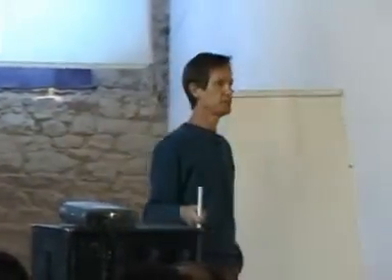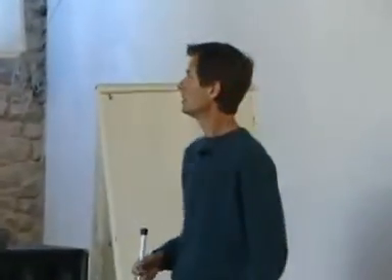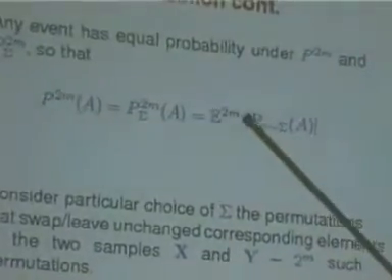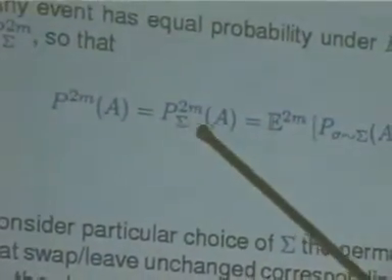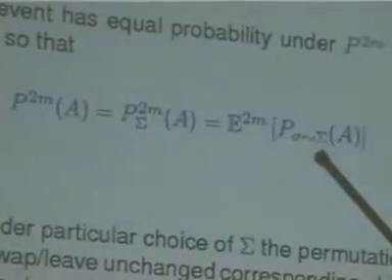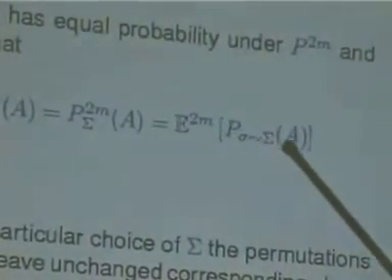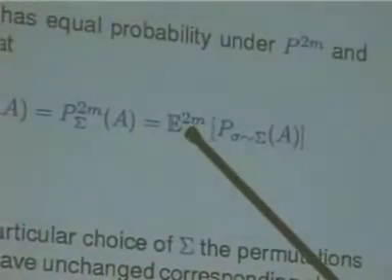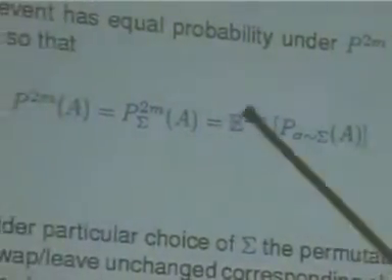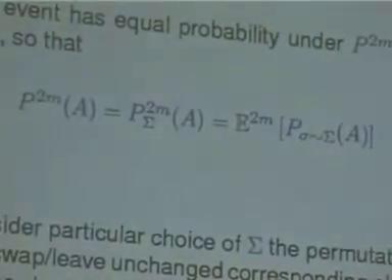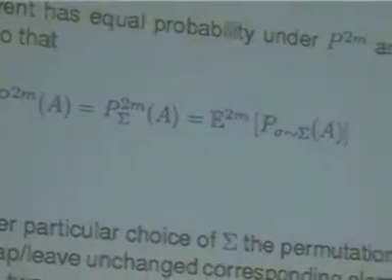Reordering doesn't change the probabilities. So P^2m of A is equal to P^2m sub sigma of A, and we can write this as effectively choosing sigma first, so the probability over sigma of A, and then the expectation over the double sample of that probability.